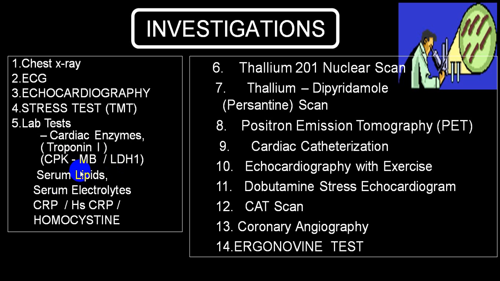Risk factors like lipids, then inflammatory biomarkers, CRP, hsCRP, homocysteine level, and to demonstrate viability, viable or non-viable, thallium scan, stress scan, PET, cardiac catheterization to find out the hemodynamic changes, echocardiography, stress echocardiography, CAT scan, coronary angiography with CT or MRI, ergonovin test, particularly to demonstrate vasospasm in vasospastic angina, etc.